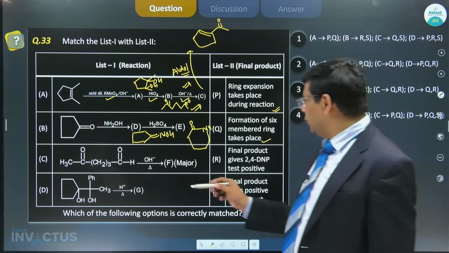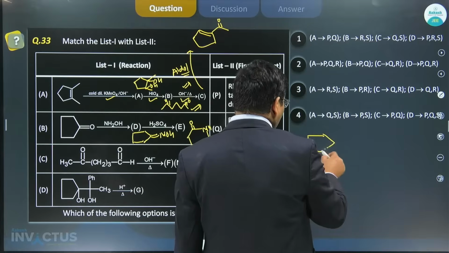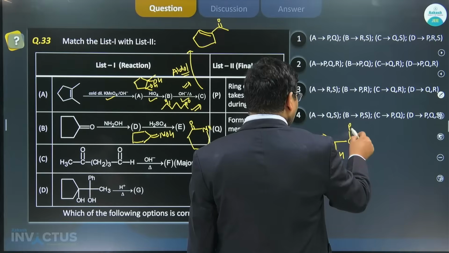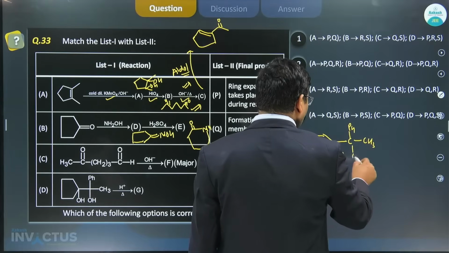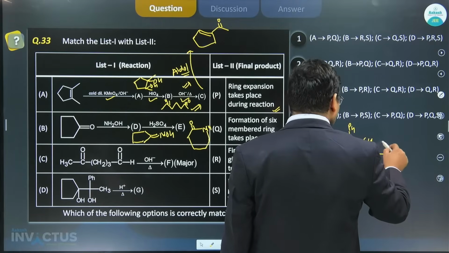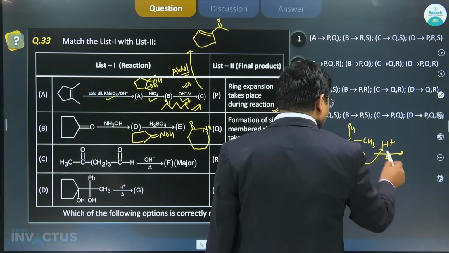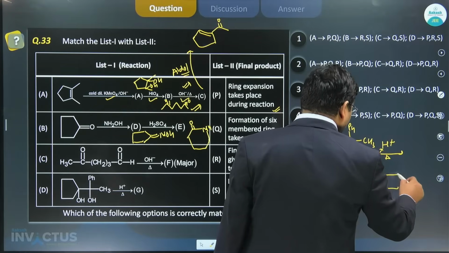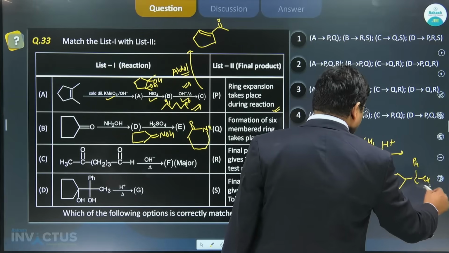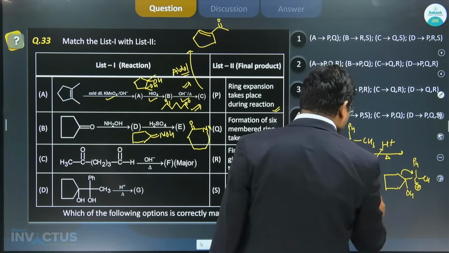In this pinacol reaction, it's quite interesting. In the last case, we'll get PhCH3OH. First we'll form a carbocation by adding H plus and heating. Then ring expansion takes place. With this phenyl and this CH3, you will form the more stable carbocation. Then after that there is a ring expansion.